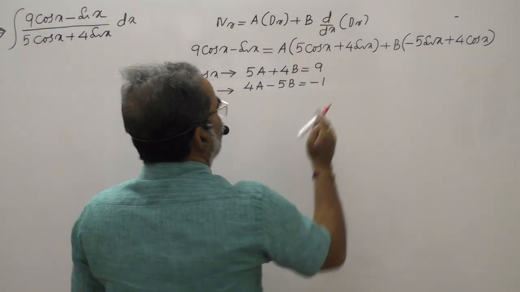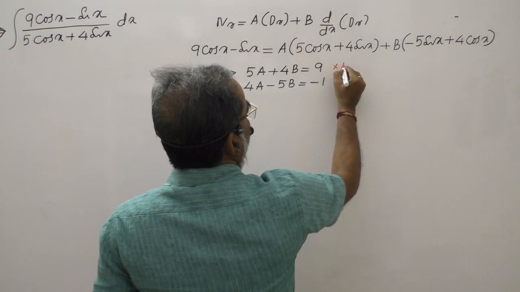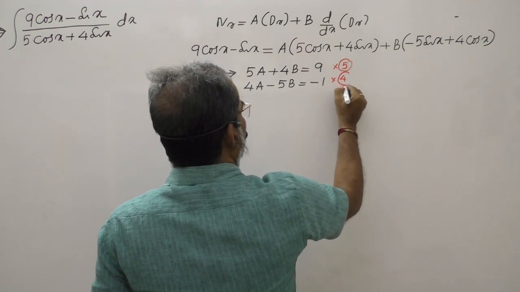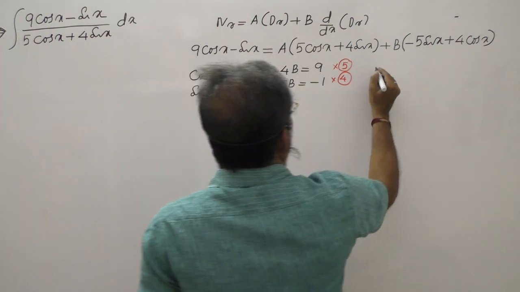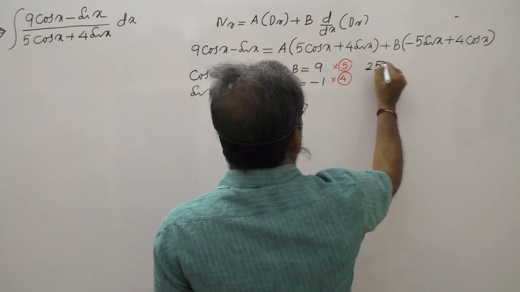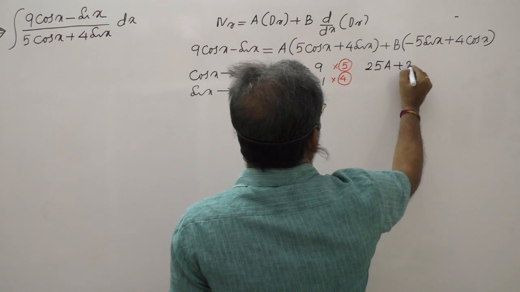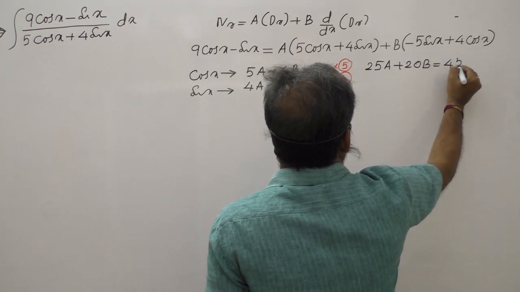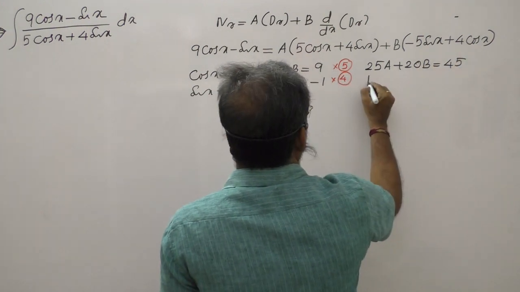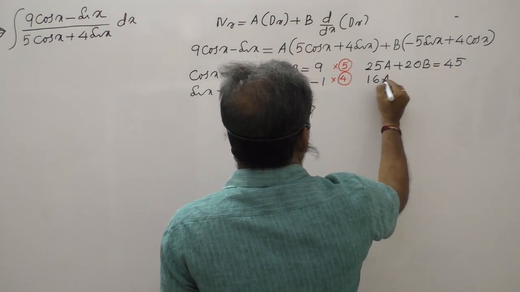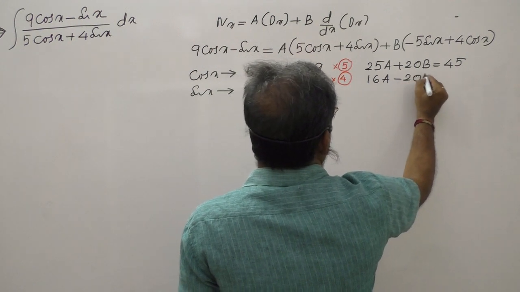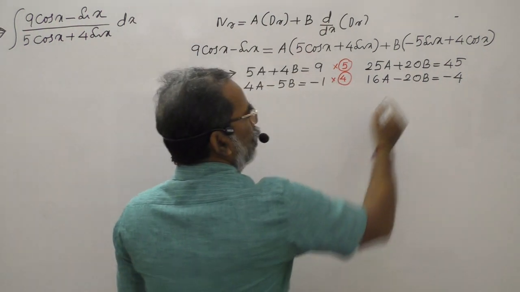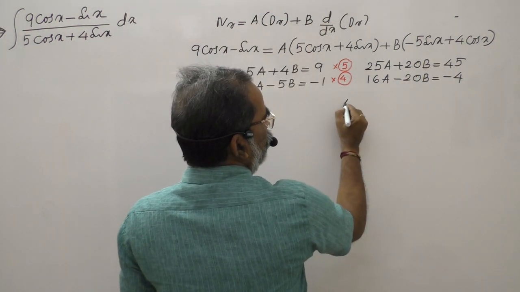So what I do? I will multiply first equation by 5, second equation by 4. Then I will be getting 25a plus 20b is equal to 45, and 16a minus 20b equal to minus 4. By adding I can cancel these two.